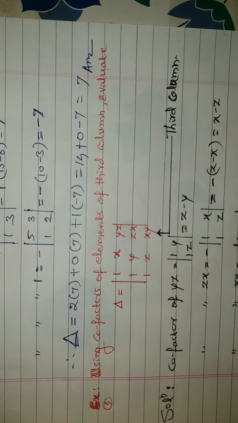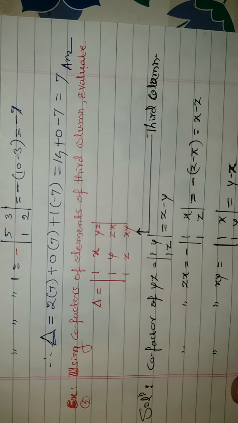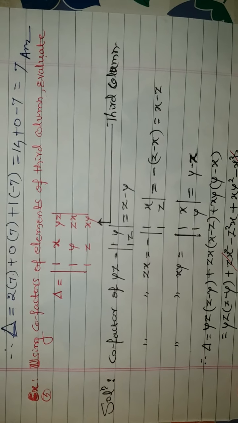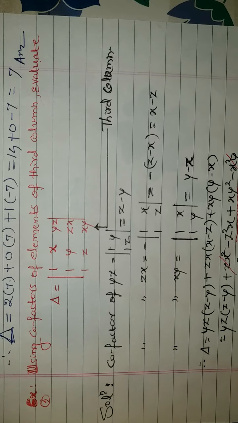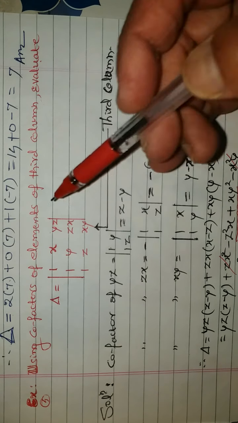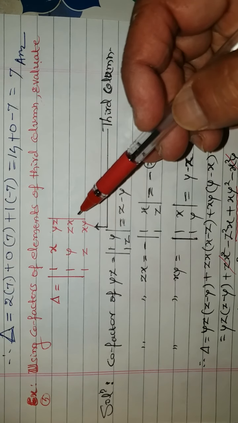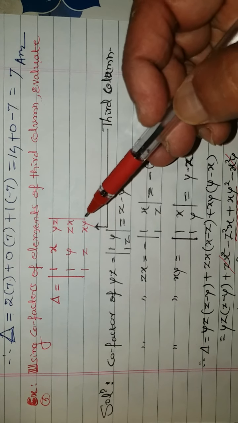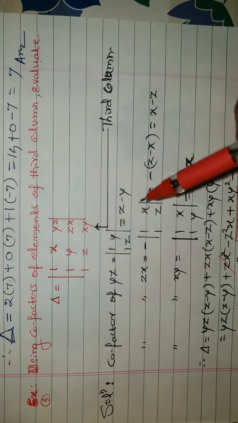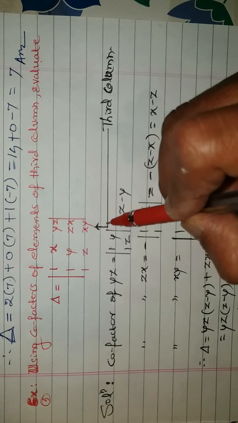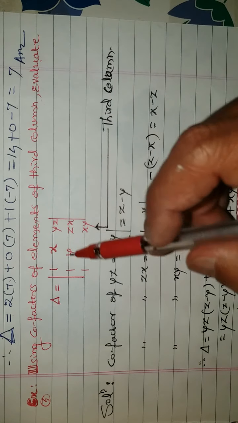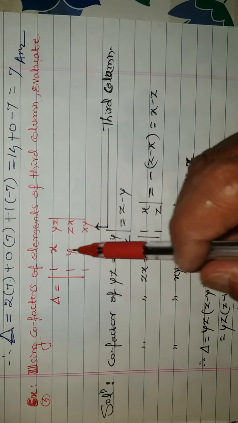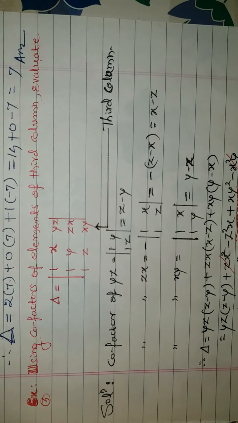Third column, and evaluate the delta value. Here I have shown the arrow mark, third column, first column, second column, third column.